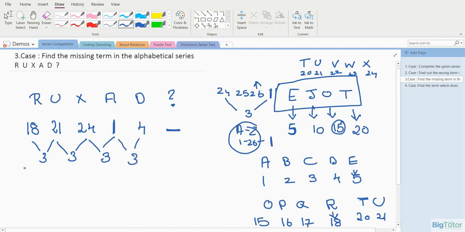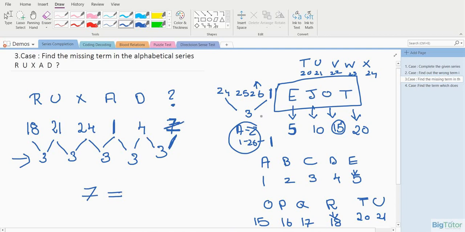So we have identified the pattern here. The difference between the adjacent terms is 3. If this is the pattern being followed, here it will be 4 plus 3, which is 7. So 7 is the missing term in the numerical series. What is the number 7 equivalent to in the alphabets?